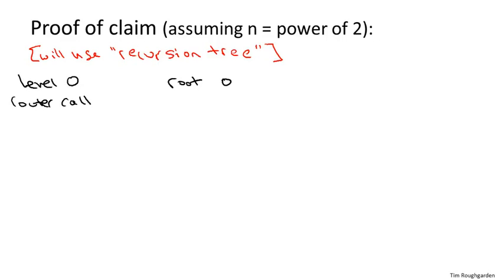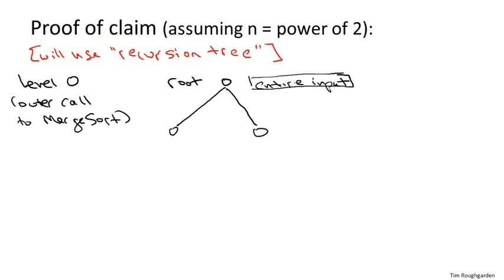Now this tree is going to be binary in recognition of the fact that each invocation of merge sort makes 2 recursive calls. So the 2 children will correspond to the 2 recursive calls of merge sort. At the root we operate on the entire input array, so let me draw a big array indicating that. At level 1 we have one subproblem for the left half and another subproblem for the right half of the input array. I'll call these first 2 recursive calls level 1.